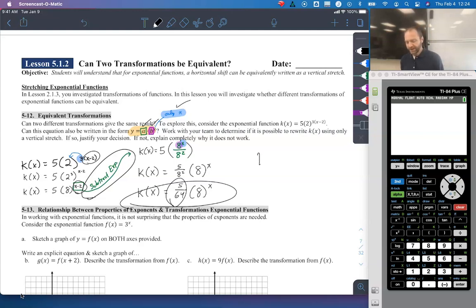So one of the keys, and it's going to be key to this entire section, in this entire chapter, is to remember our properties of exponents. That is a huge thing in this chapter, which is why this is a really good opening question for this lesson. The next video will go on from 513.